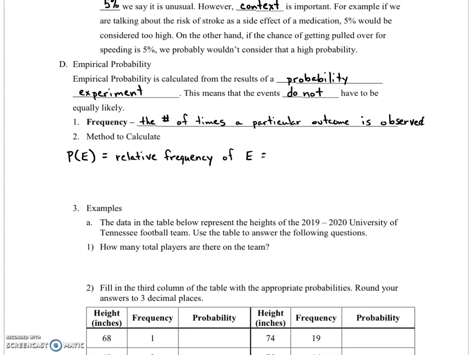The way we discover that is we take the frequency of that outcome and we divide it by the total number of trials.